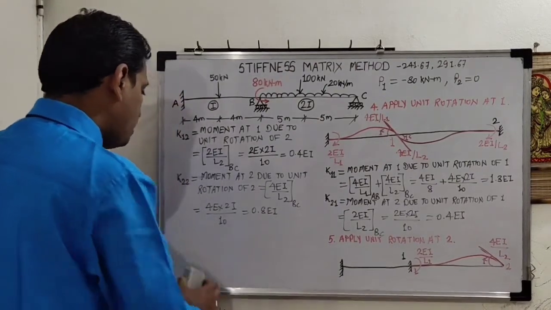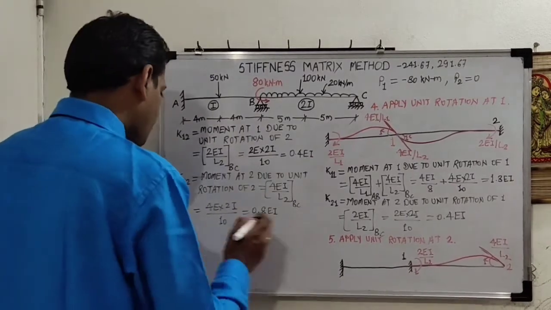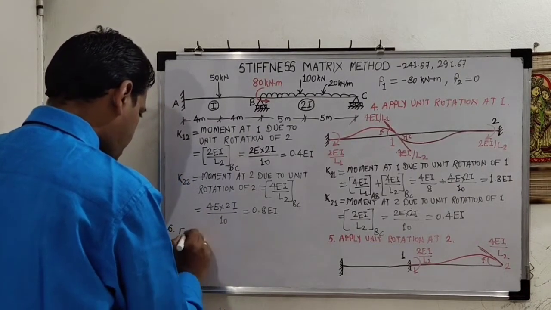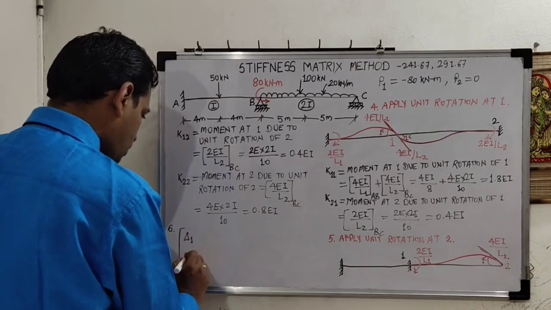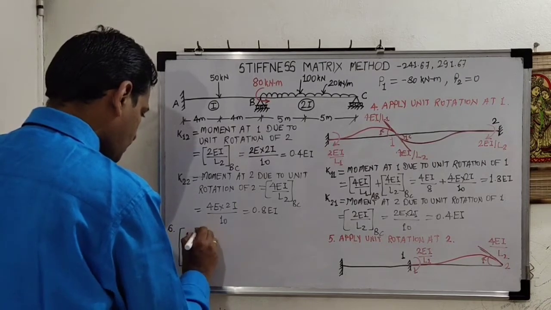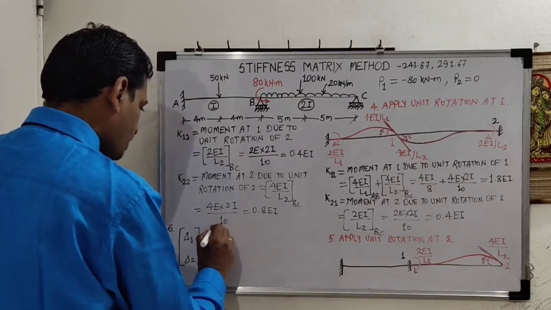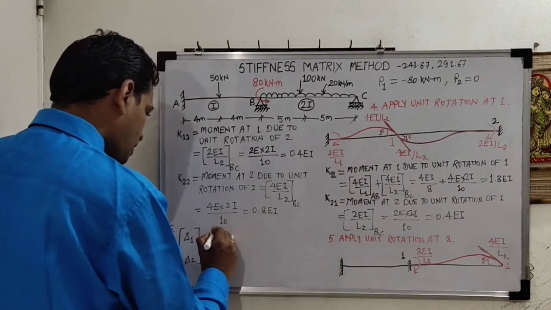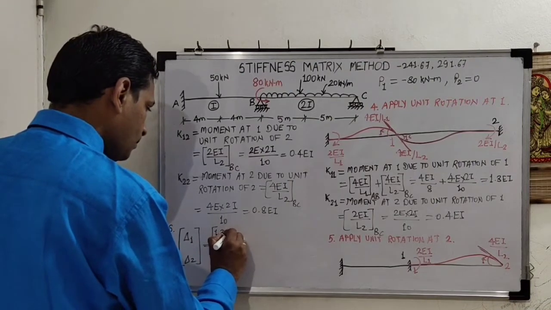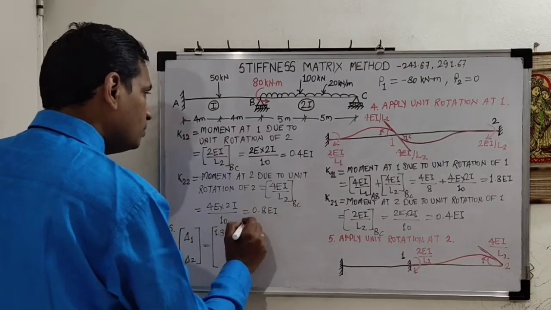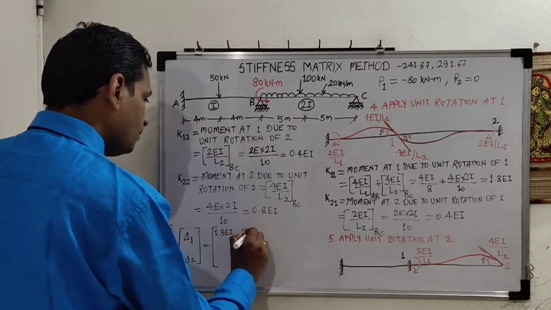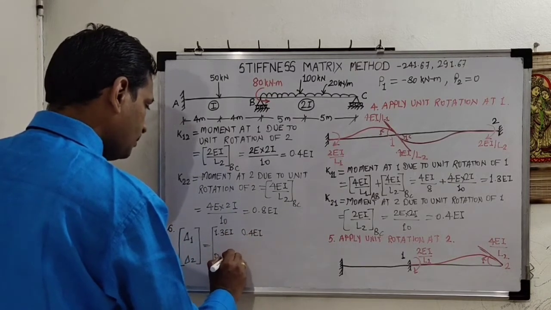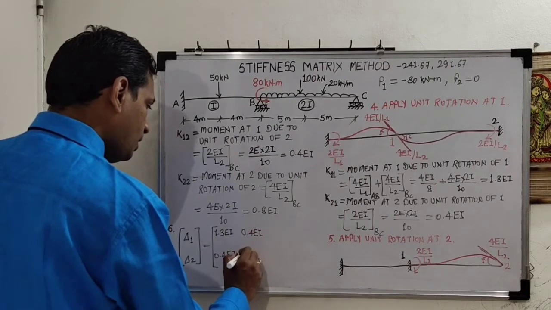So let us now write our stiffness equation. So delta 1 and delta 2, these are the two unknowns. Then inverse of stiffness matrix. So K11 is 1.3 EI, K12 0.4 EI, K21 again 0.4 EI, and K22 is 0.8 EI.